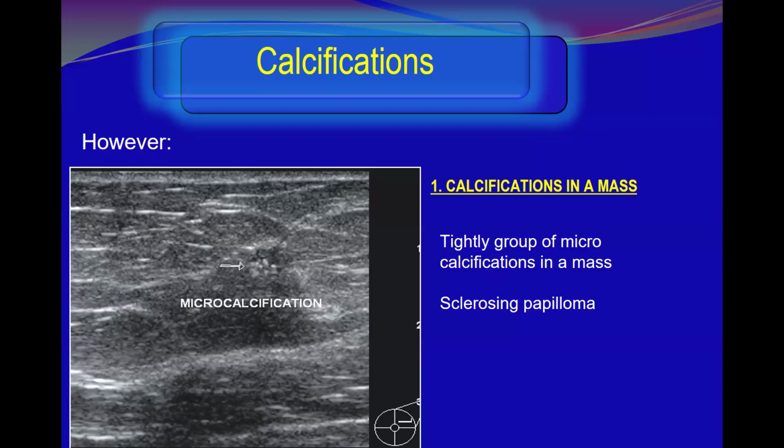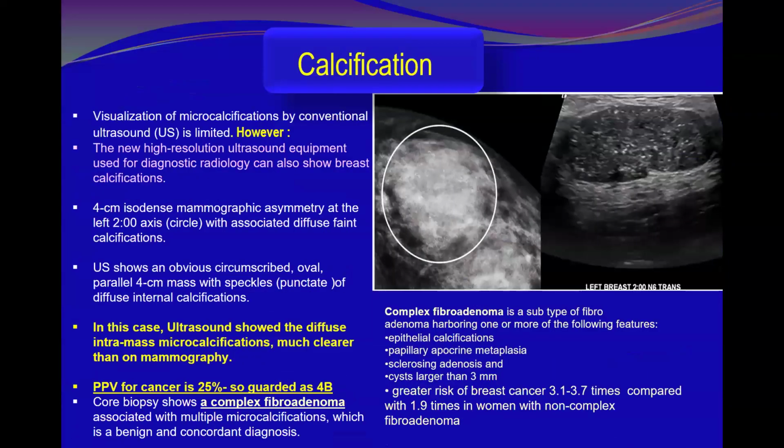Here we have tightly grouped microcalcification in a benign mass in a case of sclerosing adenosis. The previous cases were mine, but this example is from the literature.